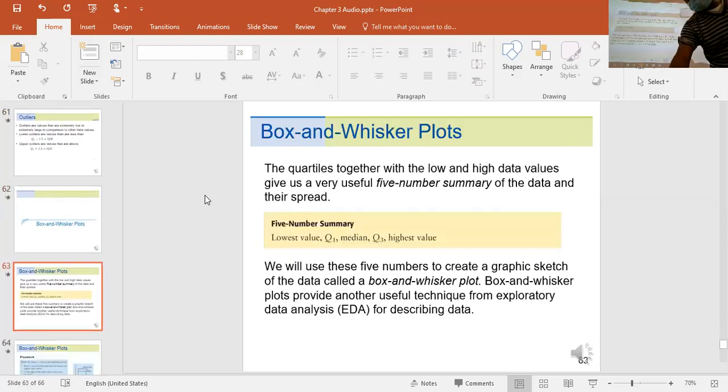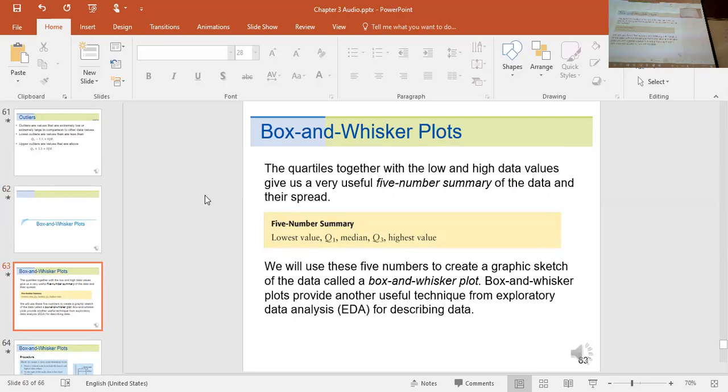So we have learned here about 3 types of values: first, second, and third quartile. Another 2 values that we add to this are the minimum and the maximum. So the 5 number summary.